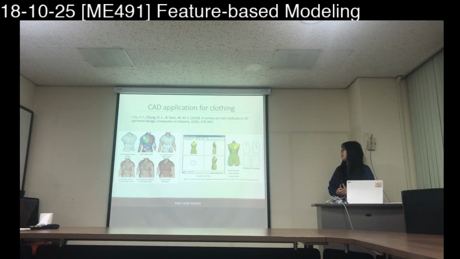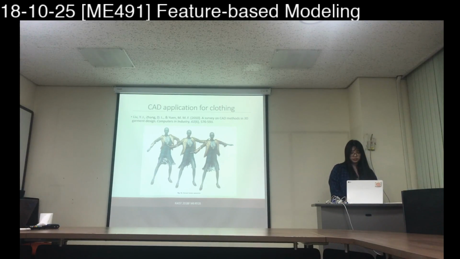First, they design the body shape of the model, and depending on the shape, they make the points, curves, and surfaces of the clothing. They draw the clothing pieces, and after the making process, they use animation of the cloth.